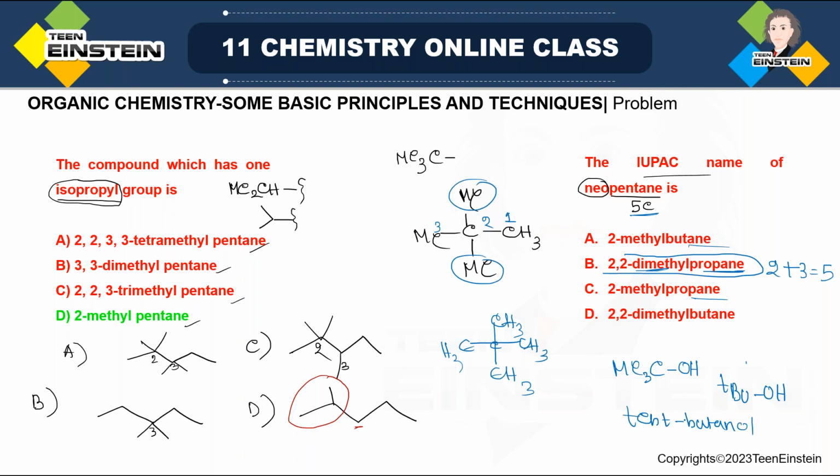In short, it is written as t-BuOH. t-Bu means this group. If I say t-Bu amine NH2, then it will be Me3C NH2. So remember this group, when it is only 4 carbon with a single carbon and 3 methyl substituents, it is the tertiary butyl group. But when I say neopentane, this group is attached to one more carbon, then you can call it neopentane.